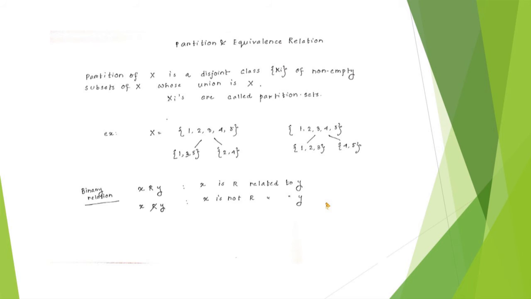That is, 4 is R related to 7 or 8, and 5 is not R related to 3 or 4.